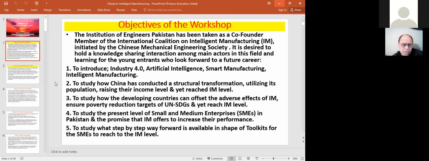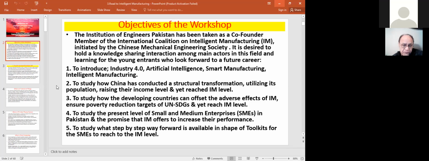In some large manufacturing enterprises in Pakistan, intelligent manufacturing is already in practice to some extent. But there is a great gap between the small manufacturing enterprises and medium enterprises compared to the big ones.